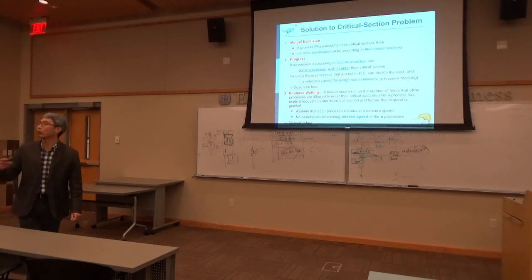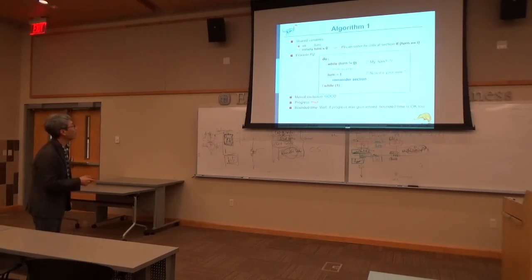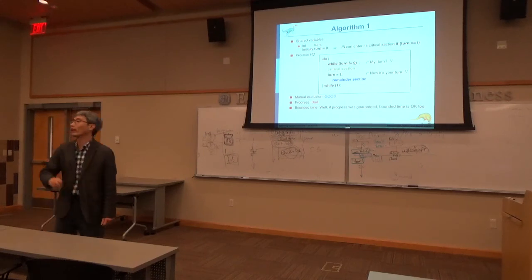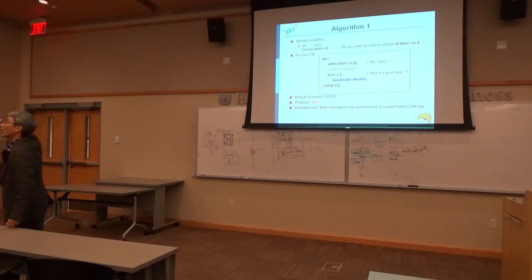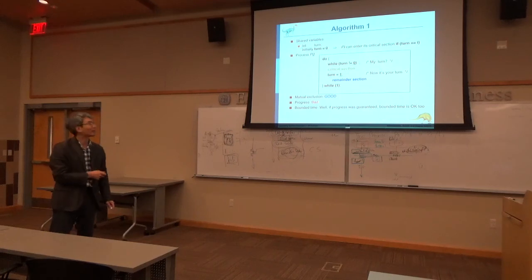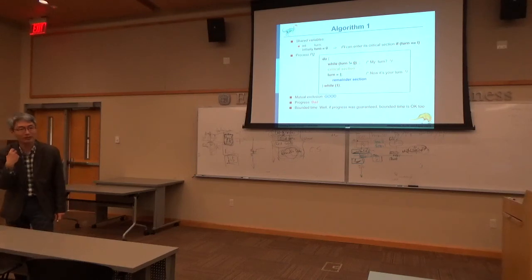So it's not progress. Because of that problem, it can automatically be unbounded waiting. Forever you can wait, right? Those who are in the entry section can wait forever. So it's one of the simplest algorithms, but it doesn't satisfy all the requirements. But it's a good example to understand how the operating system uses synchronization solutions.